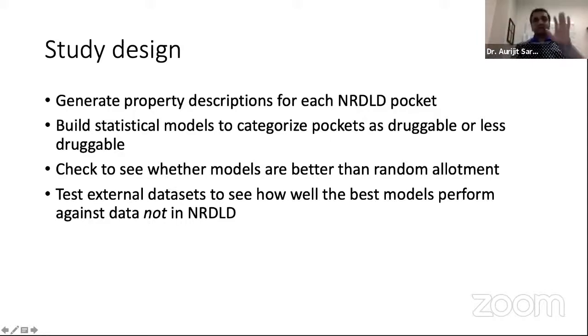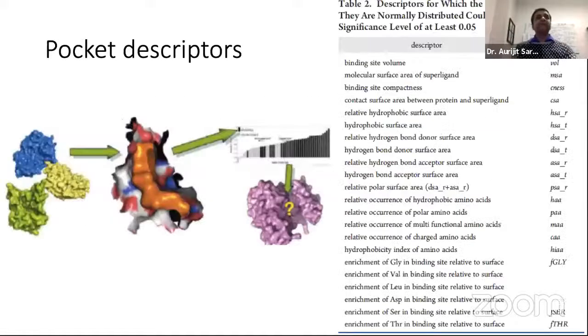I'm just giving you an overview because I know I'm out of time. So here's the general process, okay? Here's your protein. You identify the pocket. You identify the properties of that pocket. You do this for a whole database of pockets. Then you build models, and then you try to validate them.